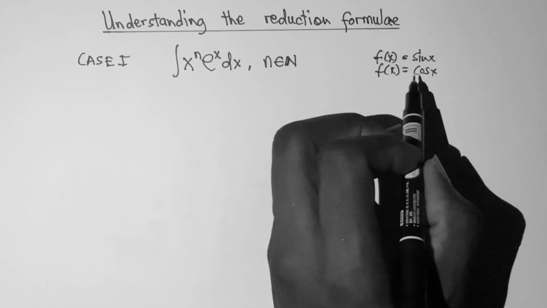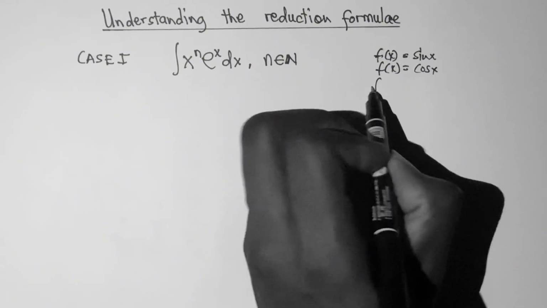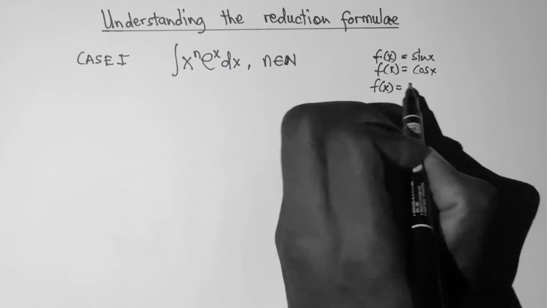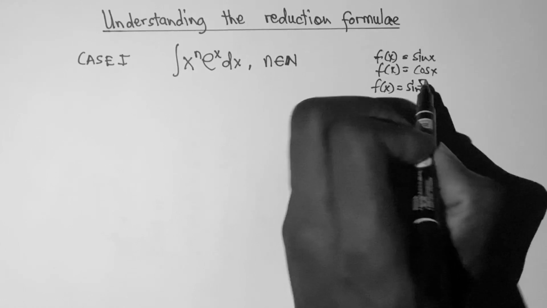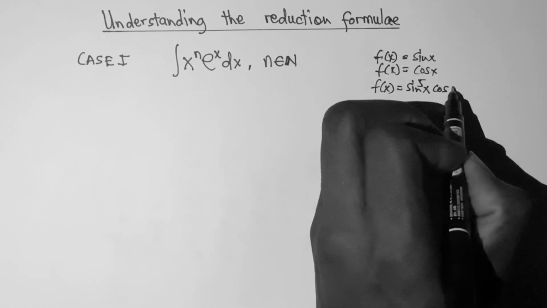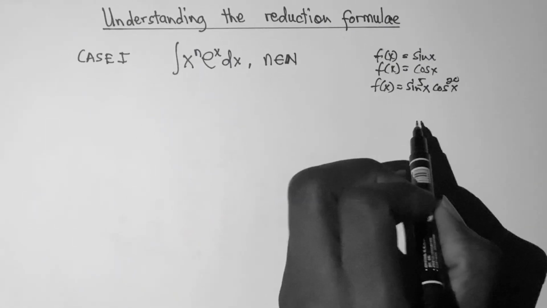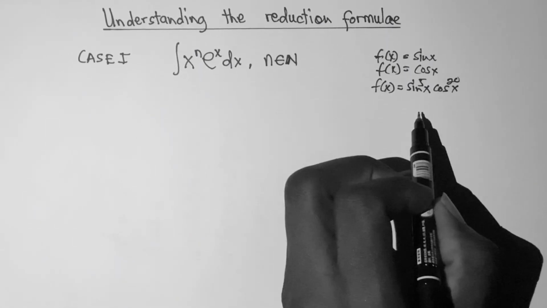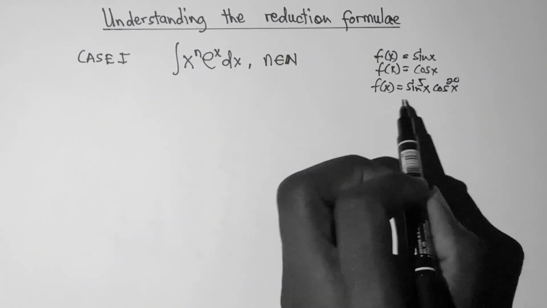However, there comes a point where we get, for example, f of x equals sine x exponent 5 and then cos x exponent 20. Functions of this form become very robust to deal with, and that is what leads us into the reduction formula.